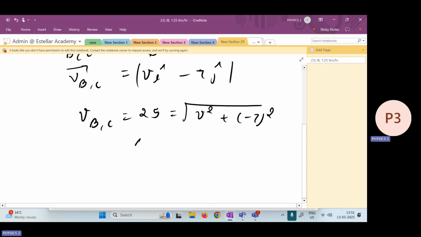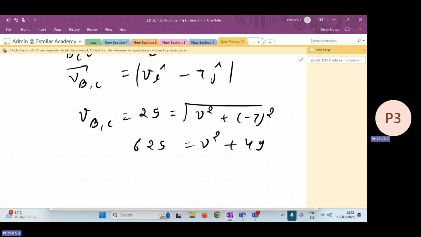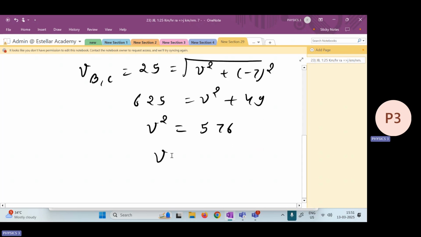So that would be 625 = V square + 49. So V square comes out to be equal to 576 and V comes out to be equal to 24 kilometer per hour, right?